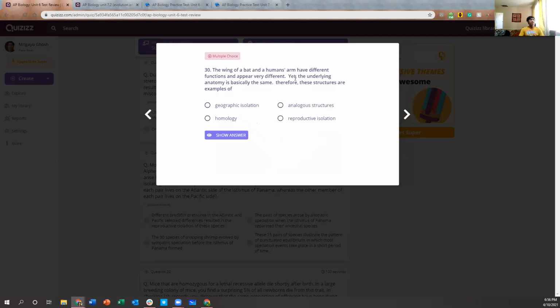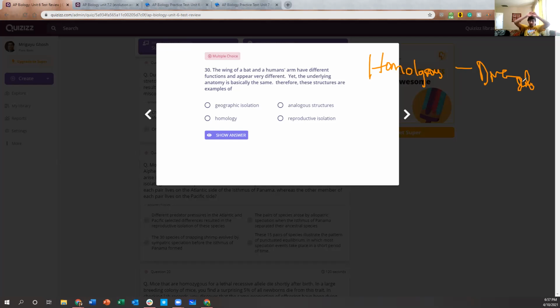The wing of a bat and a human's arm have different functions and appear very different, but the underlying anatomy is the same. And so these are homologous structures, not analogous structures. Remember, you want to associate homologous, or homologs, or homology, same thing. Homologous structures have to do with divergent evolution.